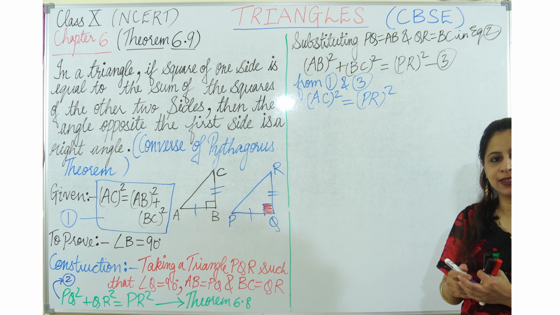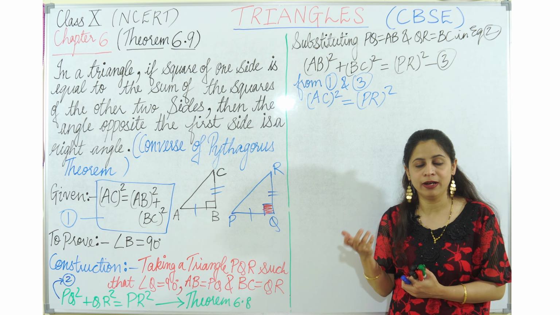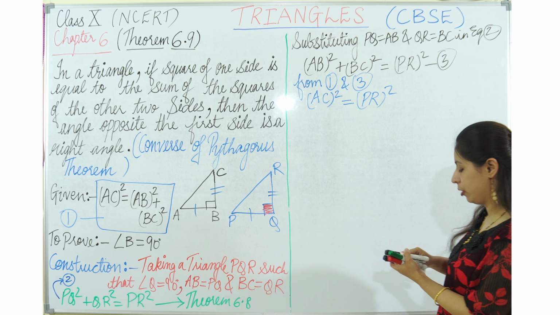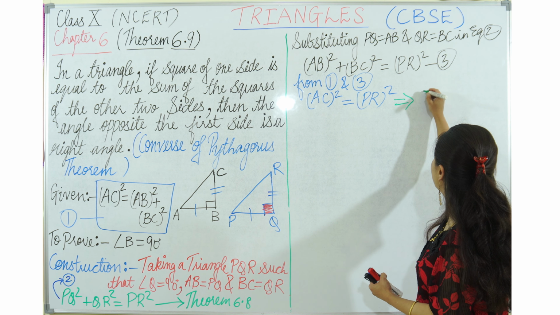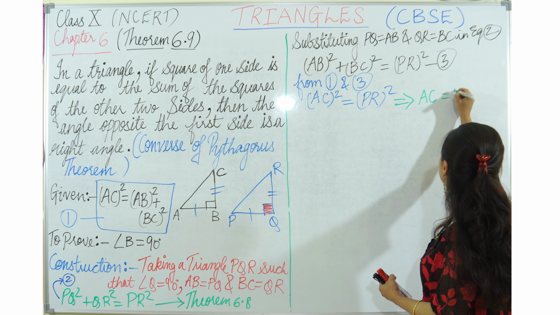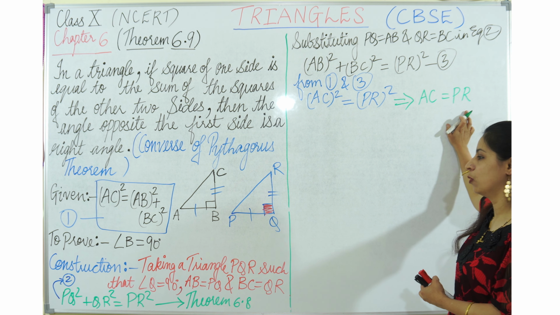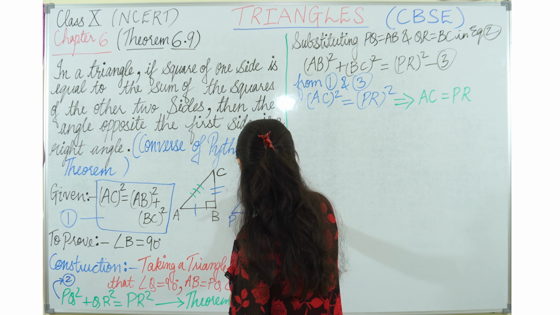When two numbers have equal squares, taking the square root, the numbers are also equal. So this implies that AC will be equal to PR. So one more condition we have got: AC is equal to PR.